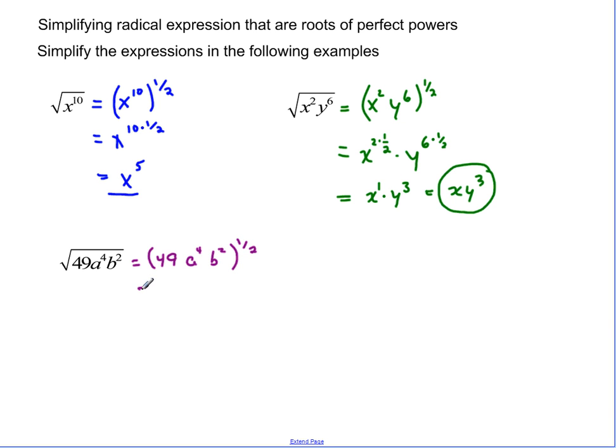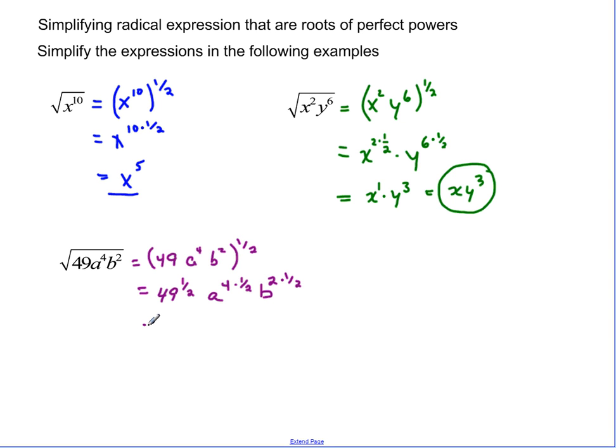Well, that 1/2 power goes to everything in the expression. So we're taking 49 and raising it to the 1/2 power. We're taking a to the 4th, and we're multiplying the 4 times the 1/2 as our exponent. And of course, it's b squared, and the 2 is multiplied by the 1/2 power right here.